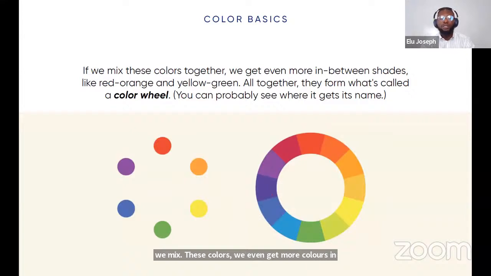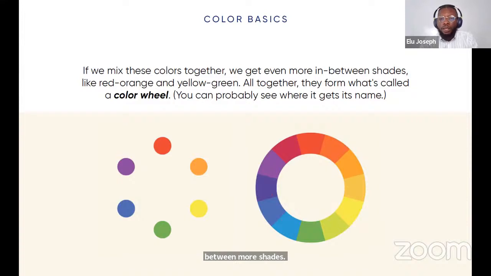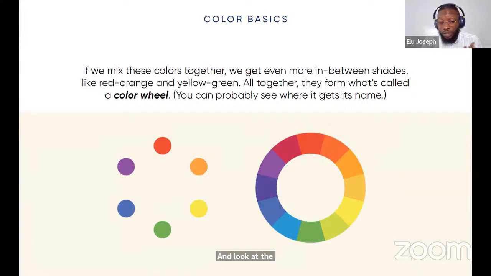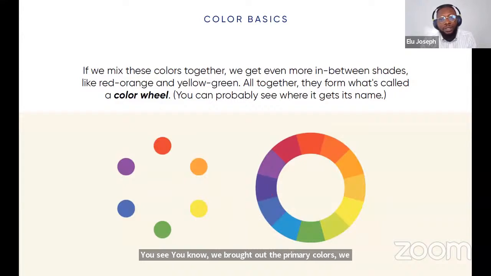We get more shades. Now, look at the color wheel and look at the colors on the left side. You see, we brought out the primary colors, we mixed them together, and we got the secondary colors. Now, on this left side, we have primary and secondary colors all together. The primary colors are in the triangle.